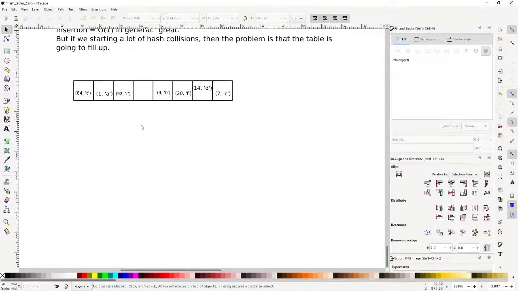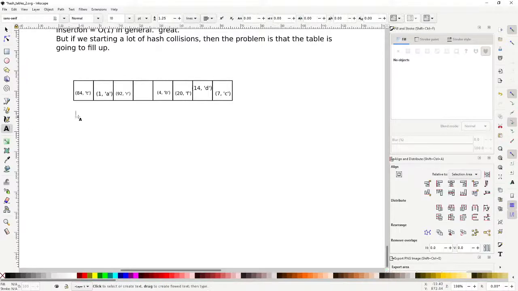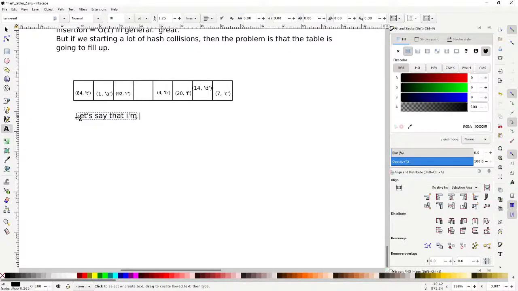Let's say that I'm looking for 92. I start at 4. Nope. And so then I have to start probing. So I go to 20. Nope, it's not 92. Keep probing. And then I get to 14, and I say, nope, not 92.